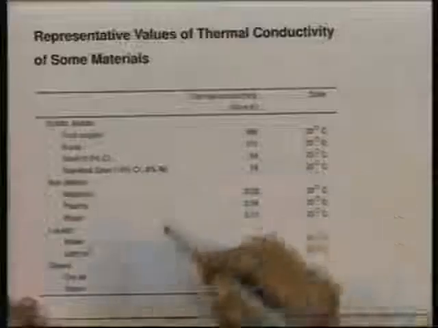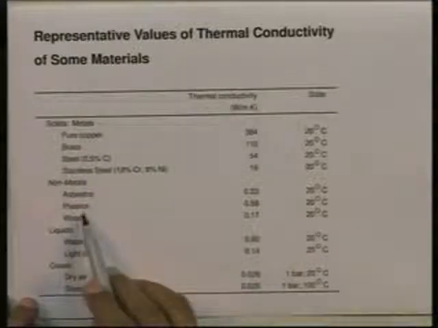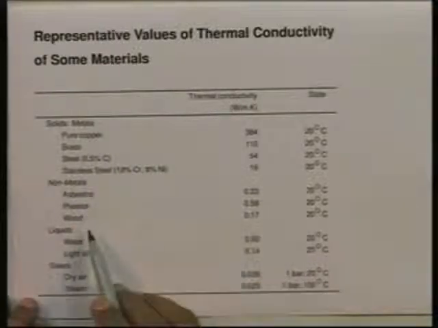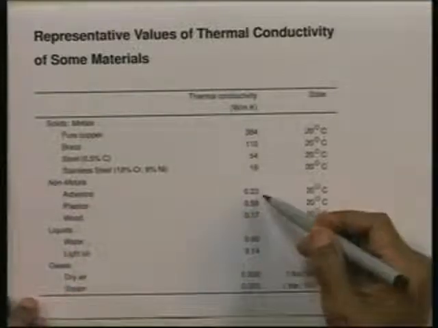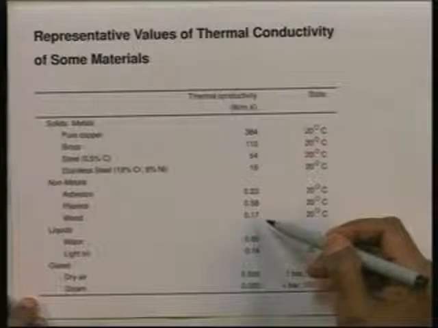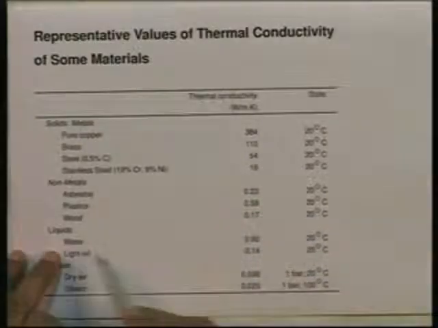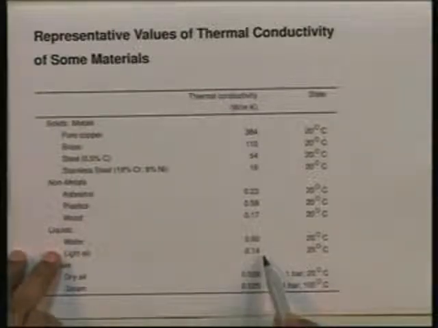Non-metals, like what are listed here: asbestos 0.23, plastics 0.58, wood 0.17. Non-metals like these typically have values of k in the range of 0.1 to 1. All right. Liquids, water 0.6, light oil 0.14. Liquids like water and oil will also have values in the range of 0.1 to 1.